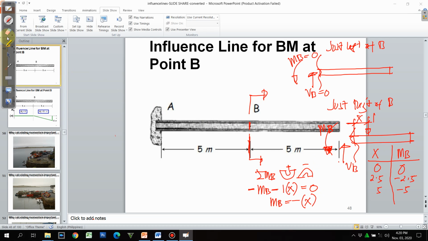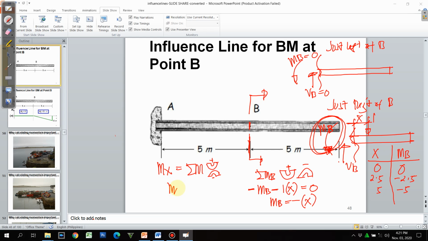Or for a more rationalized solution, just stick to the rule. You do not need to assume any direction for MB. Just stick to the rule that MX is the summation of moments at that point, concave upwards positive, concave downwards negative.